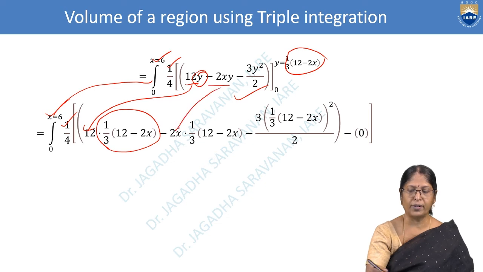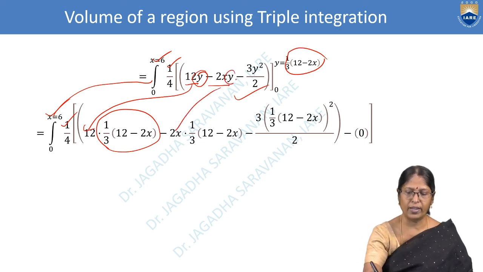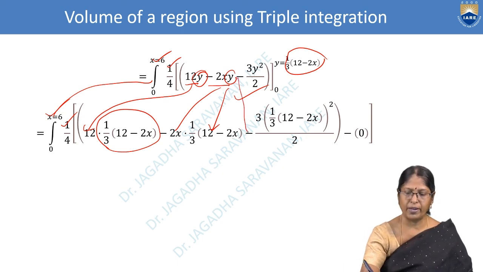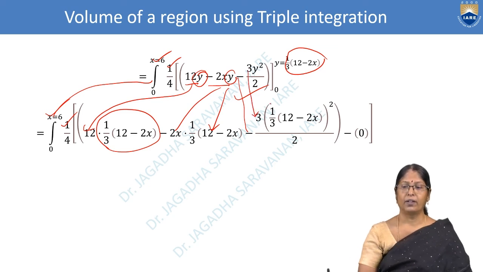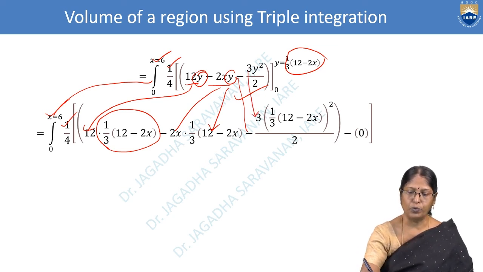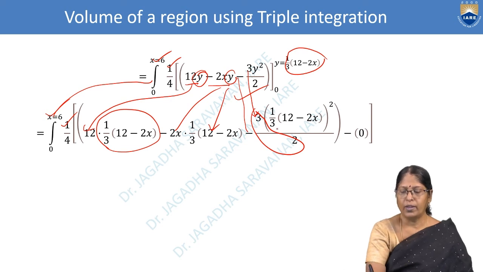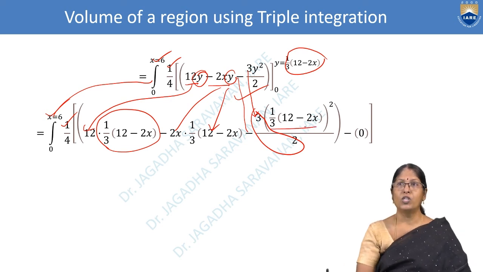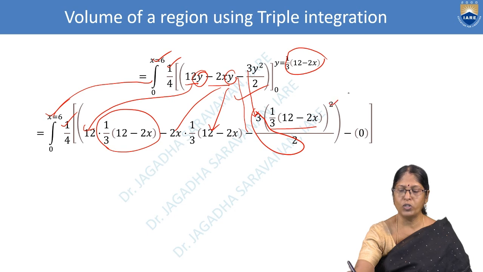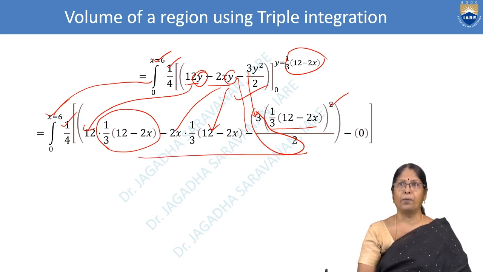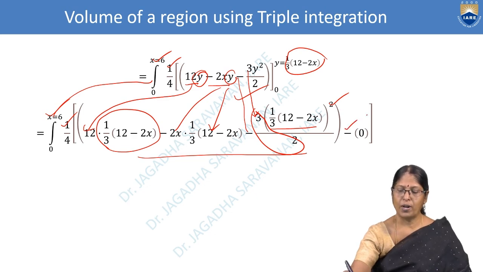The 2x as it is. Here y is there. We substituted the upper limit. And here the minus sign. 3 is written as it is. Here 3 by 2 is put here. Y square. So here 1 by 3 of 12 minus 2x, the whole square is written. Completely the upper limit we completed. Formula minus.